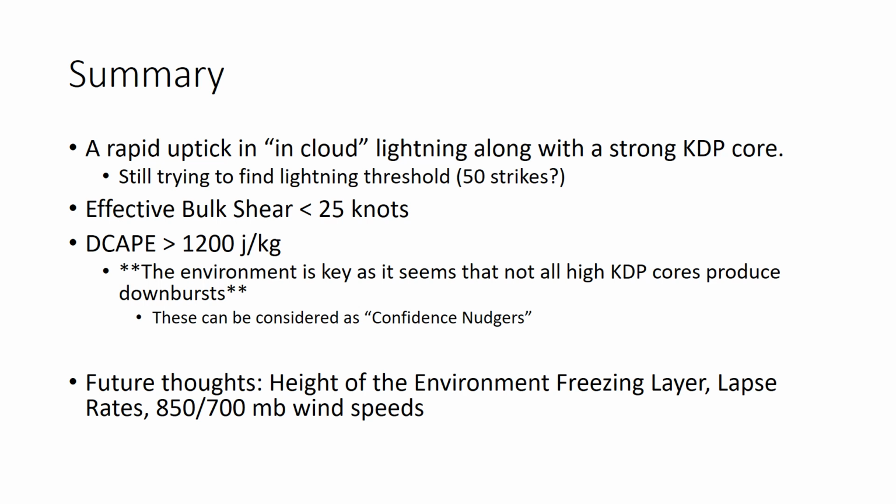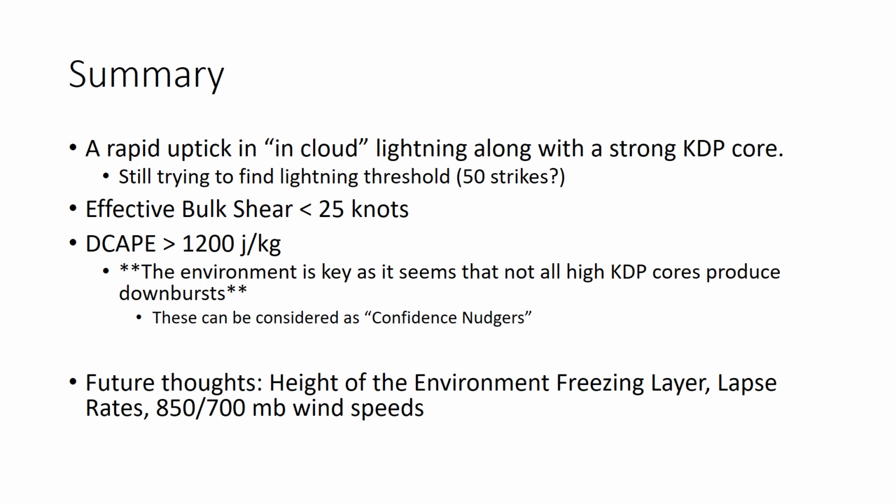So if there is greater than 30 knots of wind shear, for example, then perhaps that KDP core could just be showing very heavy rainfall or just a lot of hail. But that is just something that will need to be looked at along with all of the other dual pol products that we have.